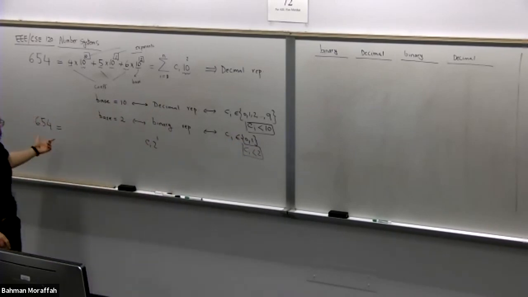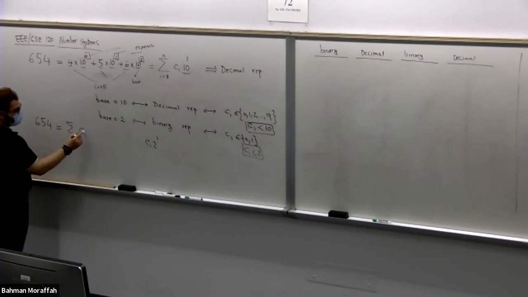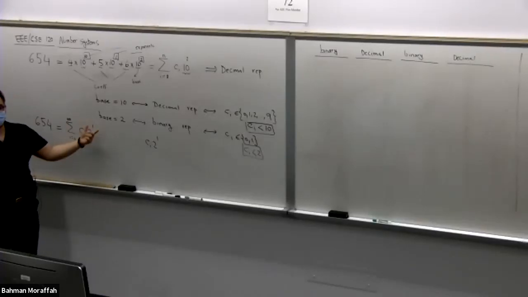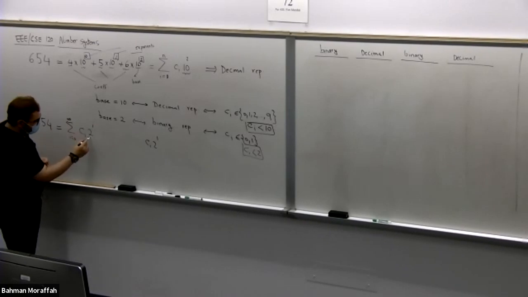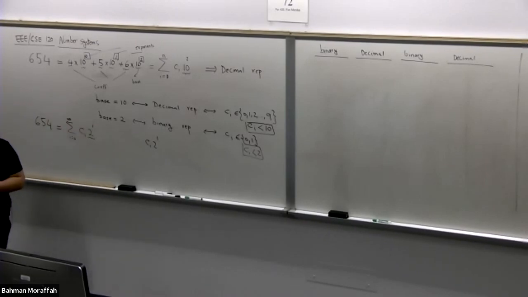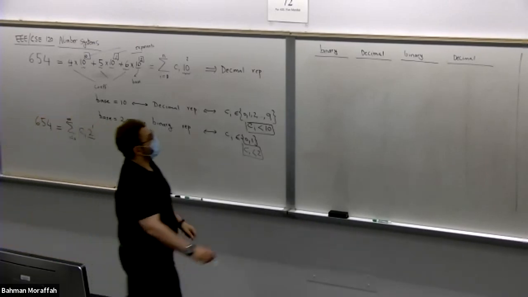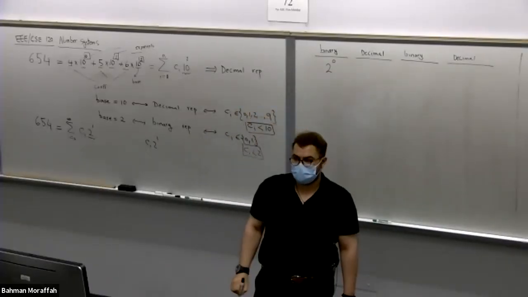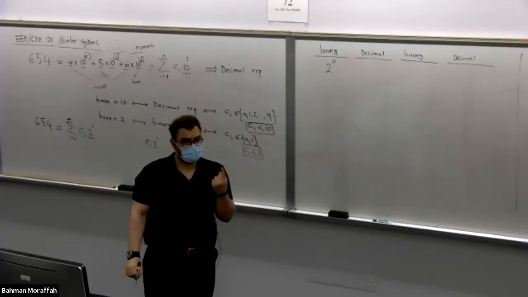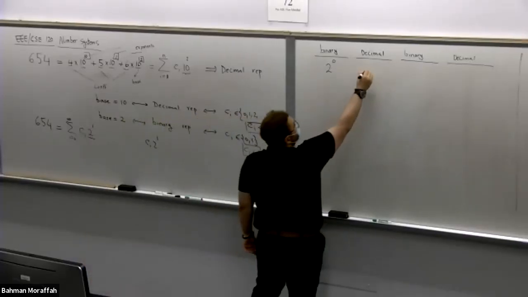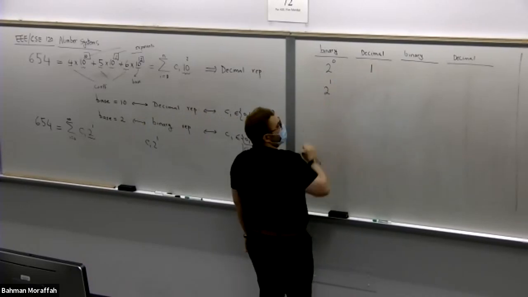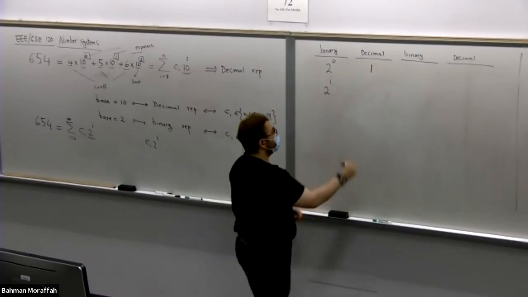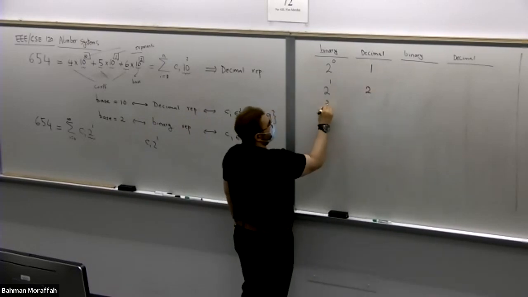To write this number as a bunch of coefficients multiplied by powers of 2, let's look at what the powers of 2 look like. What is the decimal representation of 2 to the power 0? It's 1. 2 to the power 1? It's 2. 2 to the power 2?